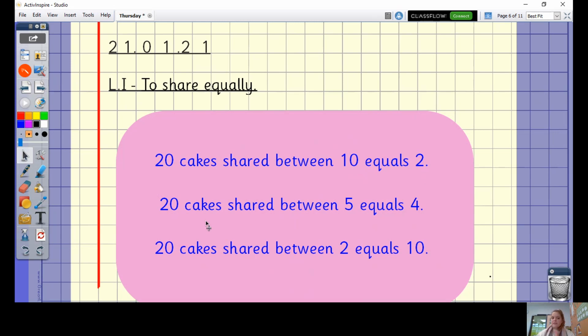Then when sharing into 5, 20 cakes shared between 5 equals 4. So you should have had 4 in each group. And then finally, 20 cakes shared between 2 equals 10. Okay, so well done if that was what you found when you were doing your sharing.